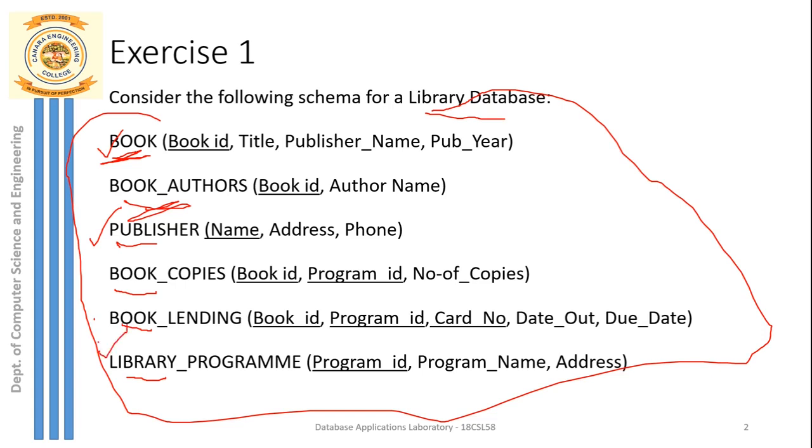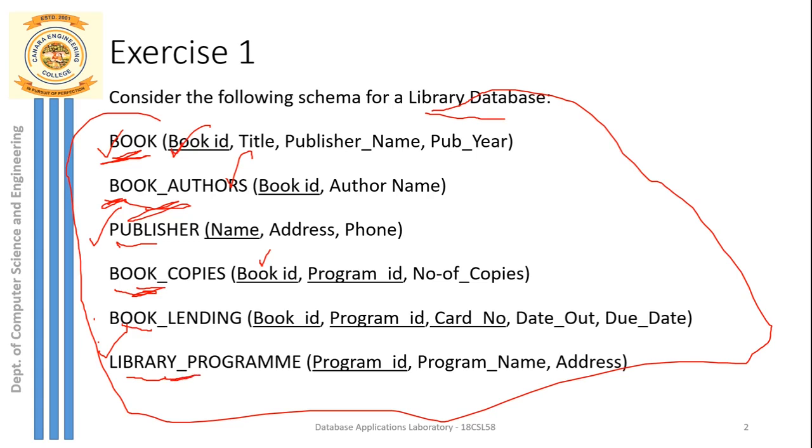Also we have here some relationships between the entities. So what are the relationships here? We have book authors, which relates the entities book and authors. Next we have book copies, which relates the book table and the library program table.